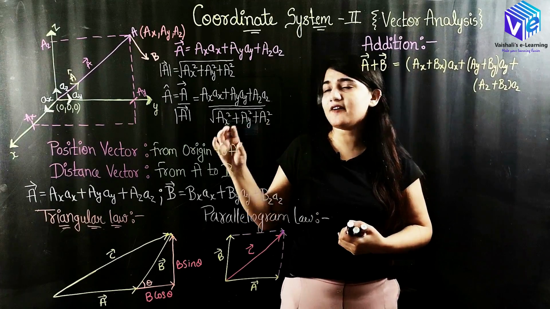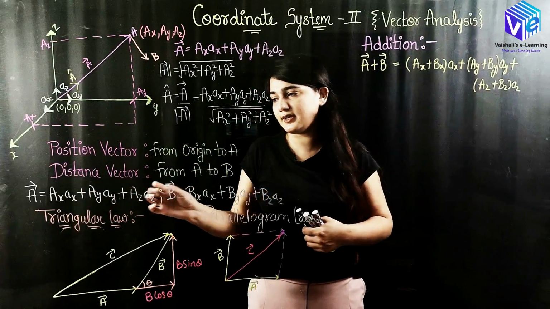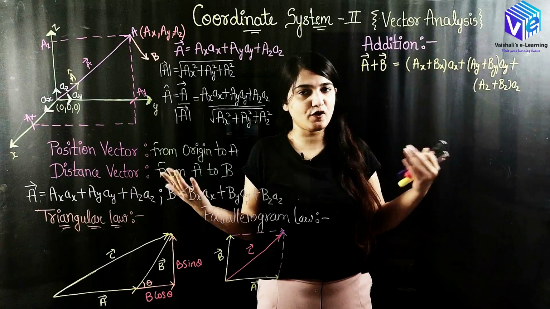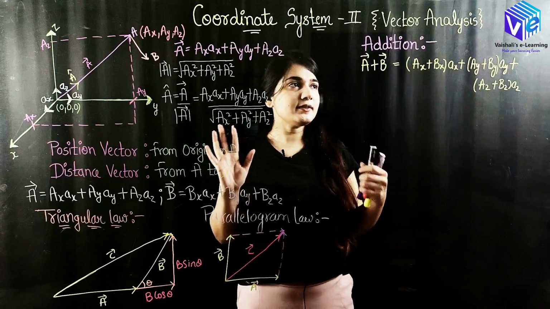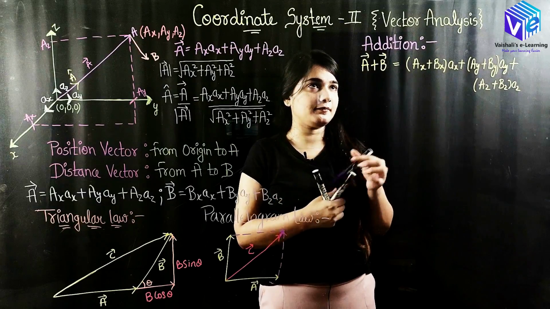What I have done is added the x components, Ax and Bx here. I have added the y components and denoted them with the direction of y, which is ay. In a similar manner, I can find the vector subtraction as well.